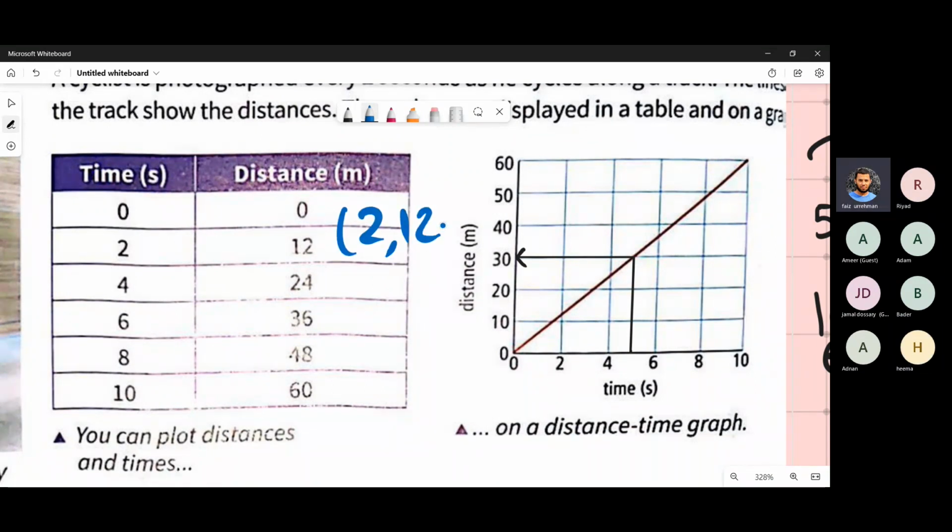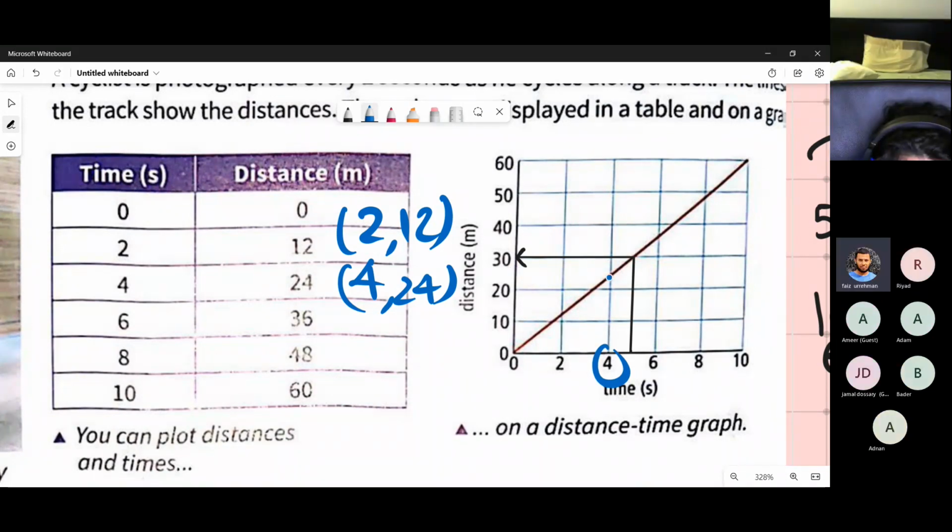And 4, 24. For 4 you look here, for 24 you look here, and then you make some points like this. Then 6, 8, 10. And then you use a ruler and connect all of them. It will form a straight line.